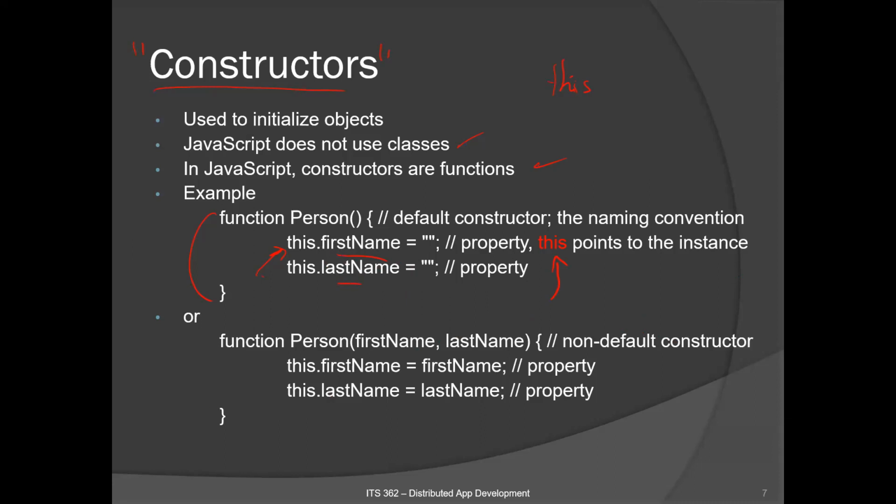We can also define it like this, a constructor where you pass the values as arguments. So here we have function Person, this, and then basically what we're doing is assigning these values through the arguments. Okay. So again, when we do the examples, this will be a little bit more clear. But at least right now, we can pick up on some of the syntax and some of the keywords that we really want to be aware of.